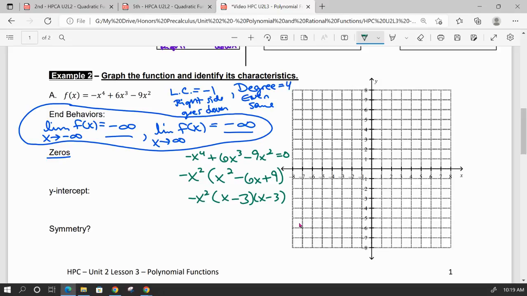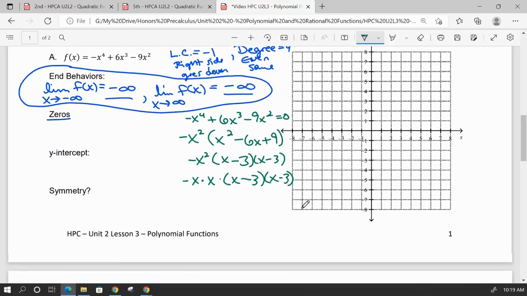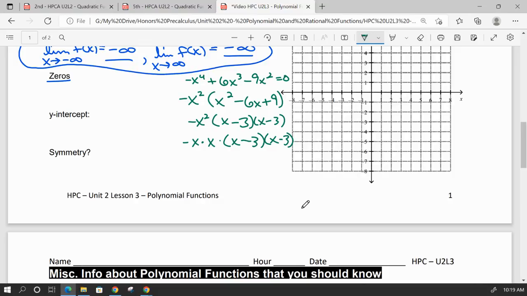If I factor this down into linear factors, just to emphasize all the factors, I would have x times x times x minus 3 times x minus 3. The reason I want to do that is to describe the multiplicities. If you have two factors of x, both of these factors would have a solution of 0.